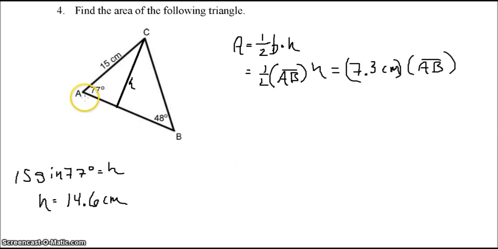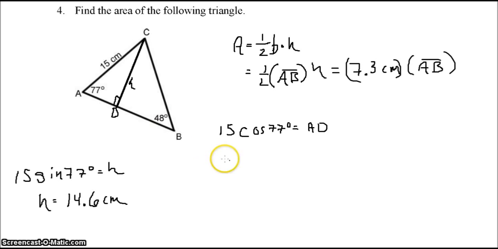So now how do I find AB? Well, we're going to have to find this piece. Actually, we could put just a point D here. We need to find AD and DB and add those together. Notice that cosine of 77 would equal AD over 15, so AD would equal 15 cosine of 77.